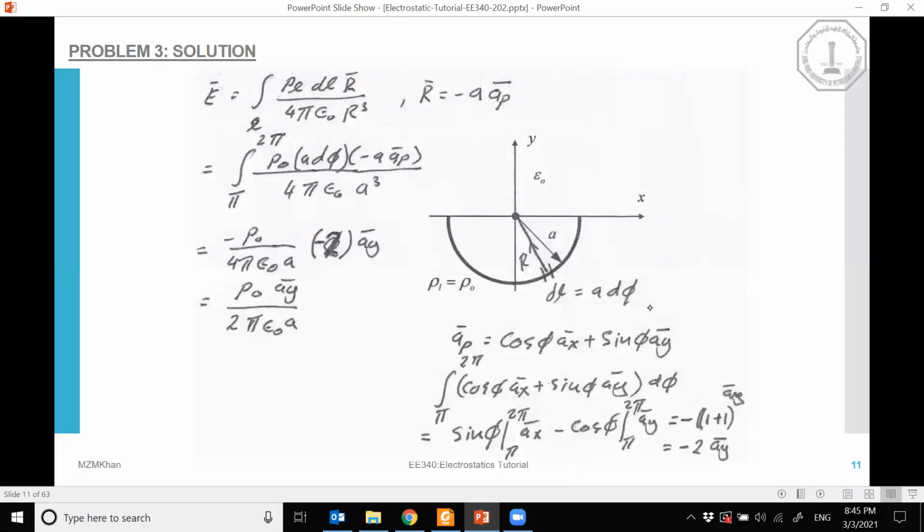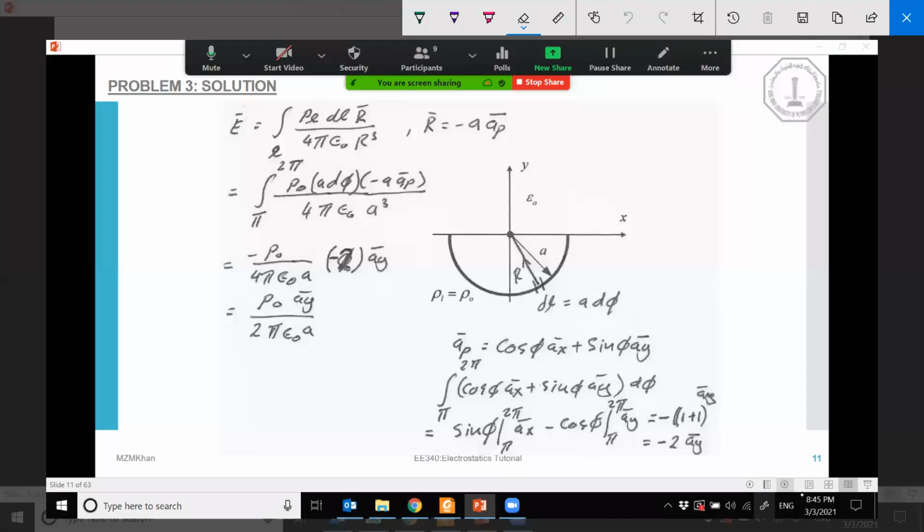So what I'm doing here is taking this as my observation point, and this is the general expression of Coulomb's law: rho L dl r bar over 4 pi epsilon r cubed, and r is the distance vector.